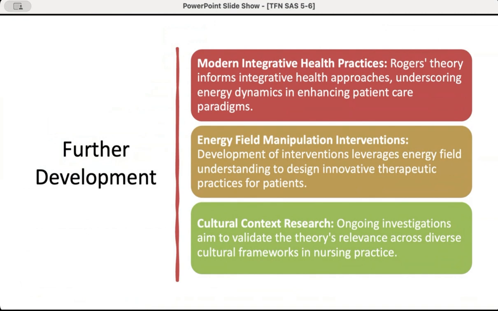It's just easy for our patient to get the intended fluid on that particular day. Another thing is the cultural context research, an ongoing investigation that aims to validate the theory's relevance across diverse cultural frameworks in nursing practice.